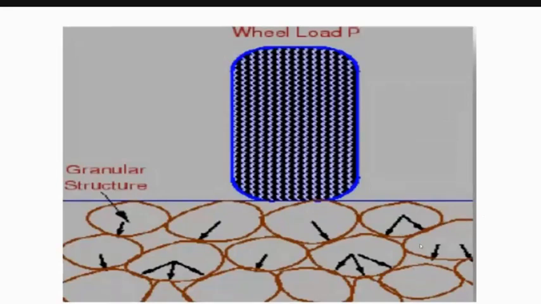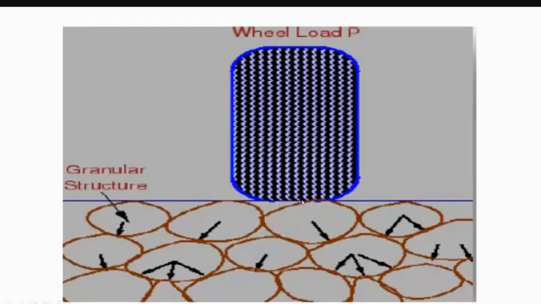The vehicle is connected with the axle, and the axle is carrying the entire truck or bus or passenger vehicle load, where passengers will be sitting, and that load is transferred to this wheel.